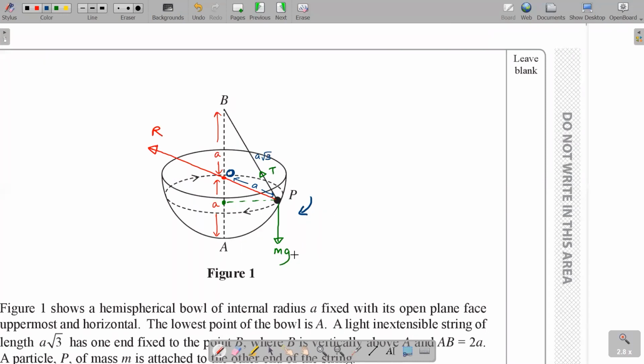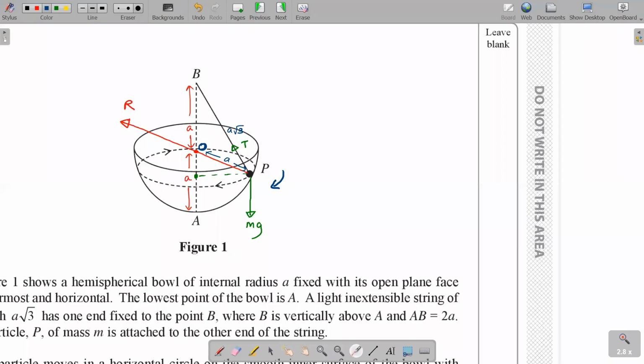Now you have the task of finding the angle. How do we find the angle? One method is you could use the cosine rule for this BOP triangle and find the angle OPB.